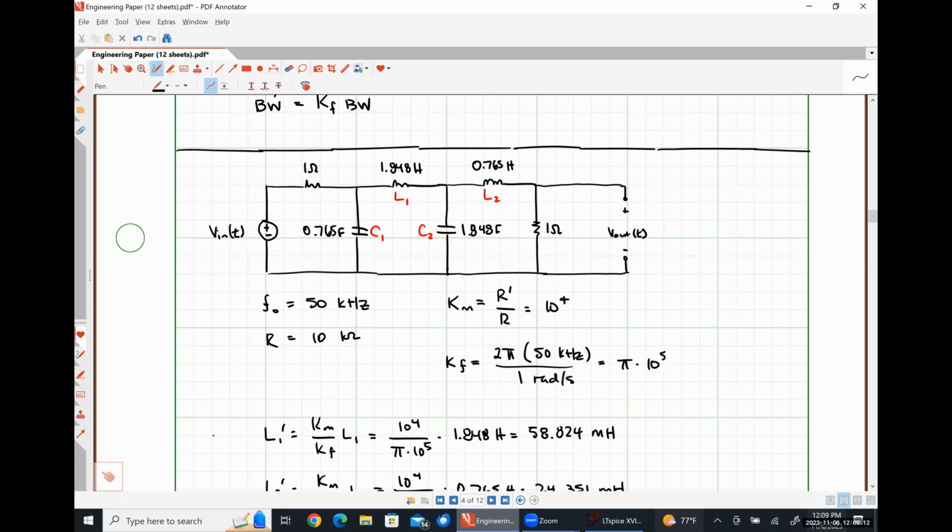So we could do something similar to this, but we could say, you know what, I only have 47 nanofarad capacitors available. What values of resistors will I have to use? Or what values of inductors will I have to use to shift the frequency to this 50 kilohertz or something like that? So the constraint for this design problem was that our resonant frequency shifted to 50 kilohertz and that we had to use 10 kilo ohm resistors.